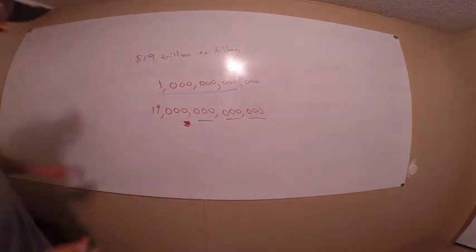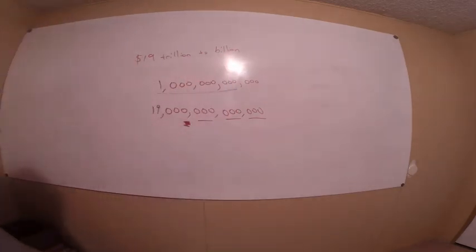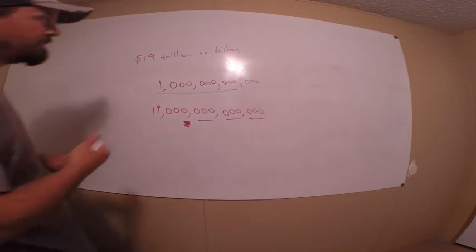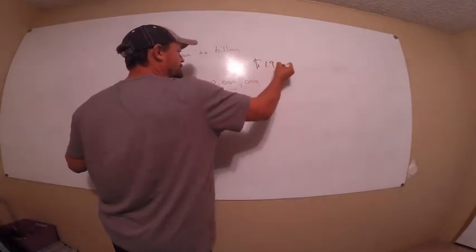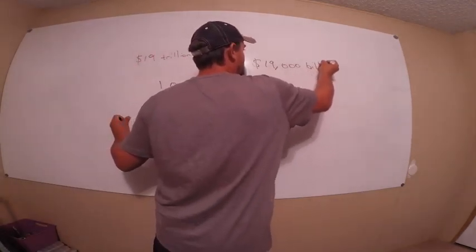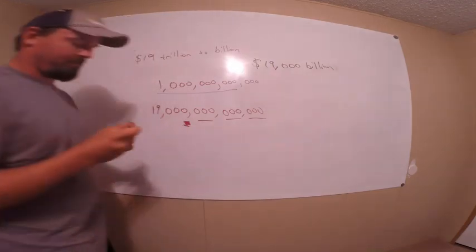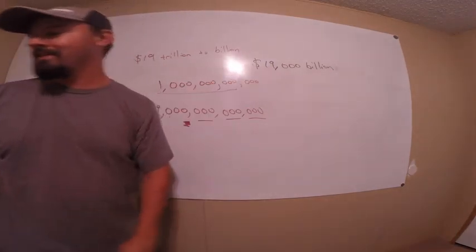That means that 19 trillion would be the same thing as 19,000 billion. So what we need to type in our calculator and figure out is this 19,000 billion.